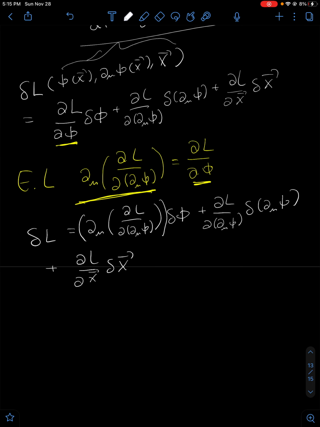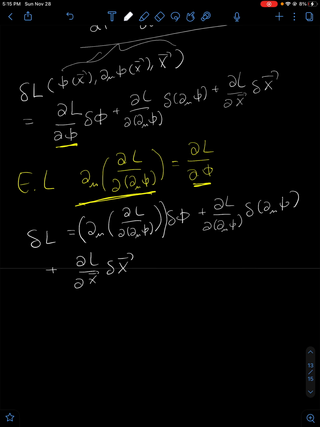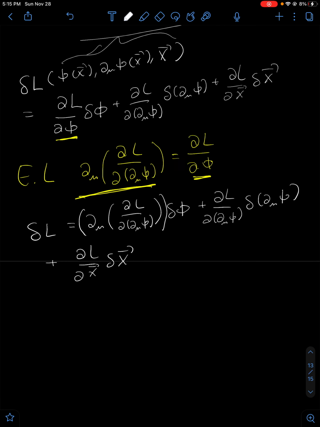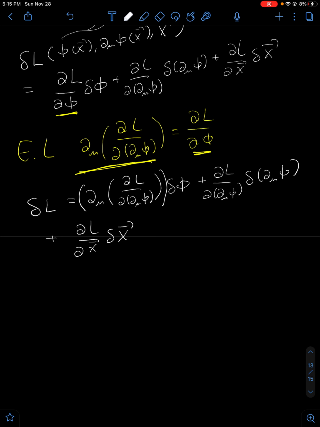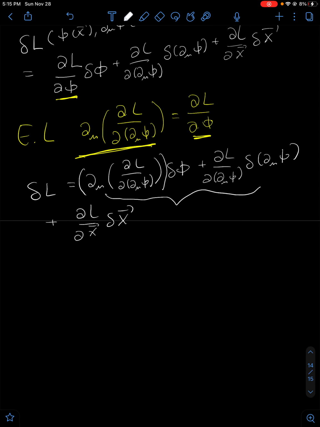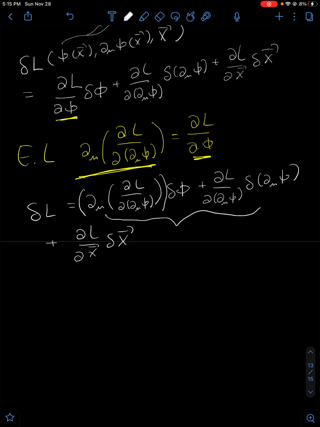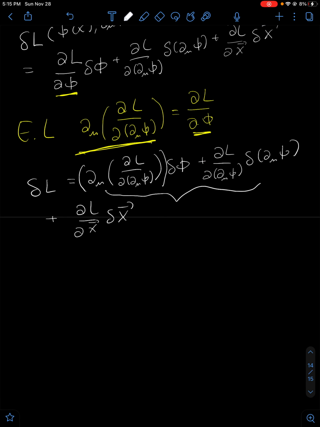So that's the infinitesimal L, and that's what we've derived it to be. All right? So now we can note that these two terms can be combined in a pretty smart way. Well, not quite yet. We can go a bit further.